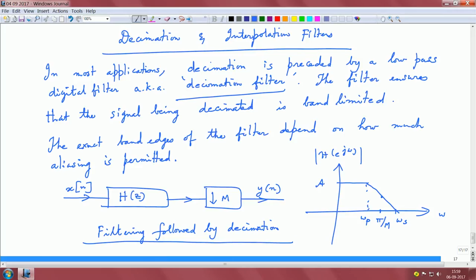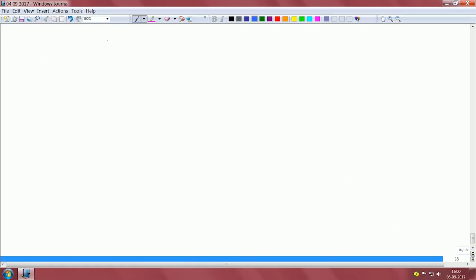Now, we can also think about the other way around. What is the relationship between upsampling and filtering?